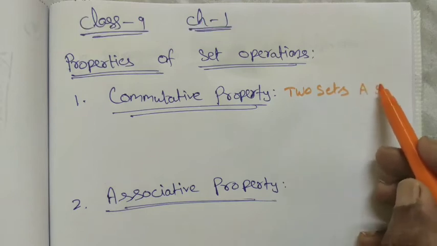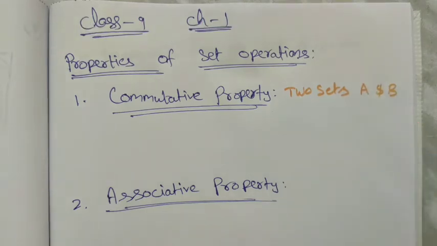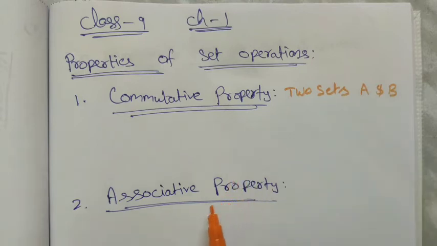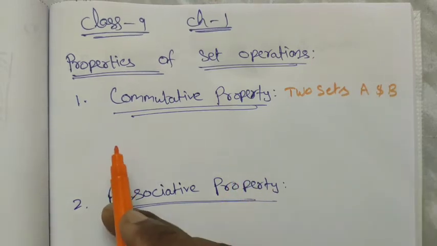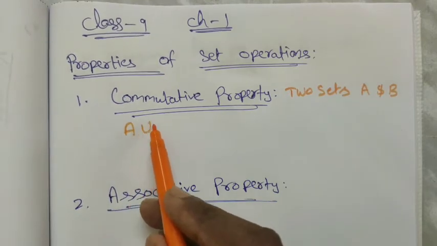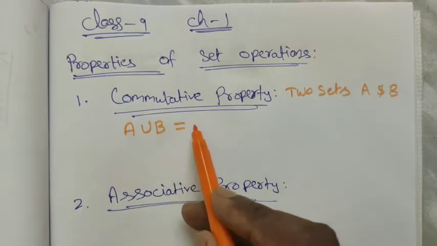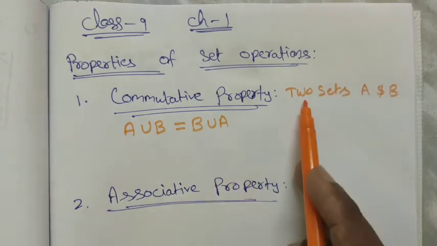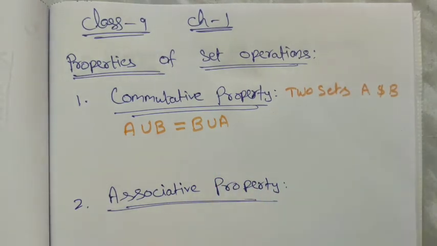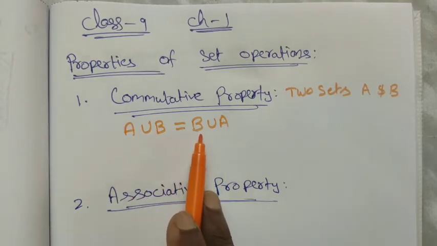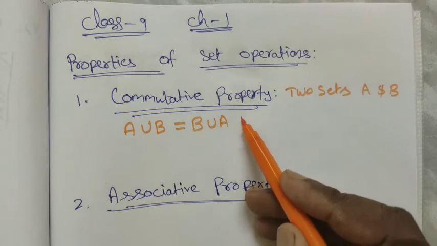Let me take A and B as the two sets. For these two sets we have to find the union and intersection. The first one is A union B is equal to B union A. Commutative property means A union B is equal to B union A. The property is always true.